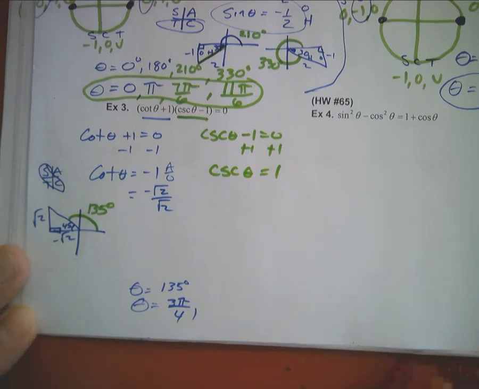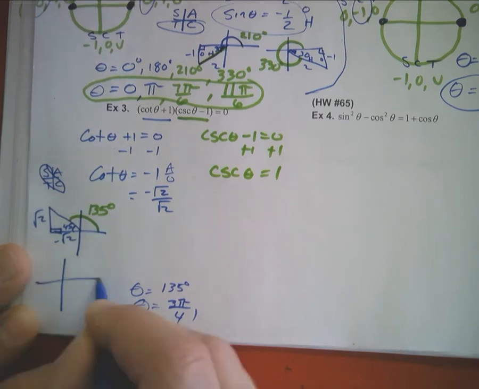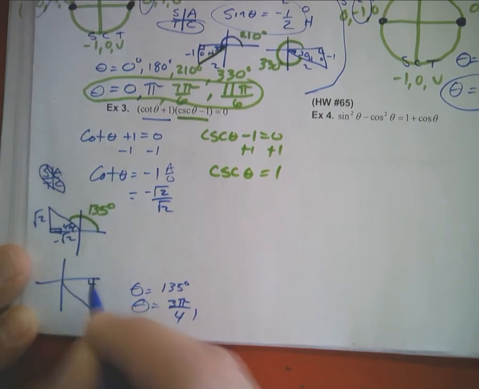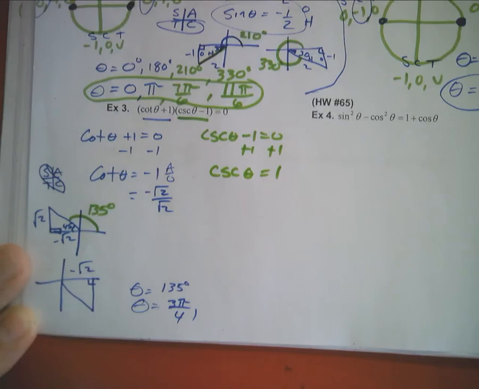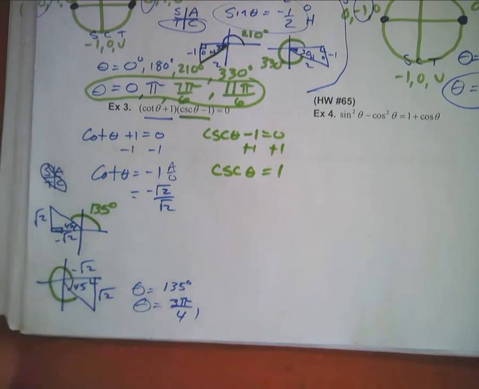Okay. And then I'm going to go ahead and do quadrant number 4 because that's where else it's negative. In this case, that's a negative root 2 for the adjacent leg. Opposite is root 2. That's still 45 degrees. But we want the big angle. We're not going down. It's not negative pi over 4. We're going counterclockwise.